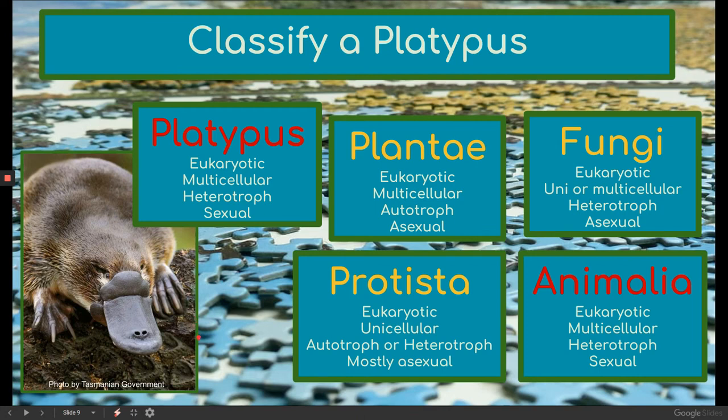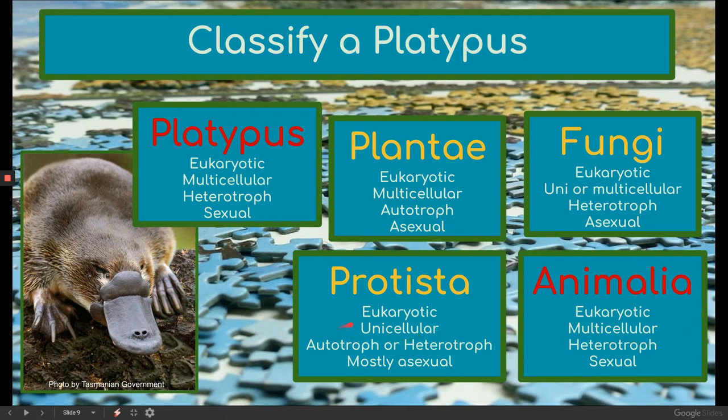Did you figure it out? Did you apply your taxonomy? Let's look at it together. Platypus is eukaryotic, just like Plantae, Fungi, Animalia, and Protista. So all four kingdoms are still applying. Multicellular: Plantae, Fungi, Animalia.